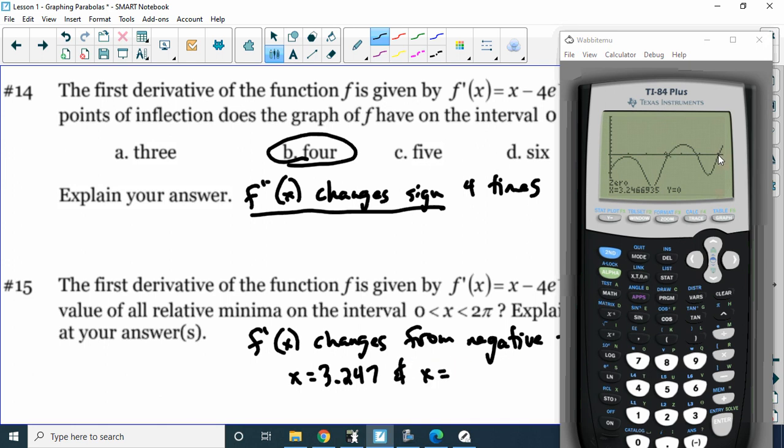And then we have this value over here. It looks like it's around 6, might be a little bigger than 6. Calculate the zero. It's definitely between 5, and I can't go out to 7 because 7's off the graph, but it's between 5 and 2 pi. No, I didn't like it because 2 pi is right on the end point.